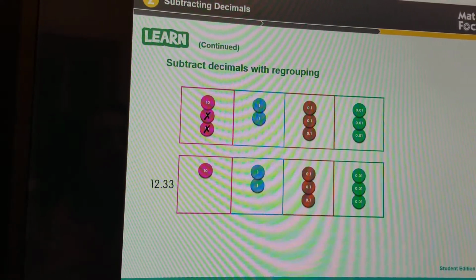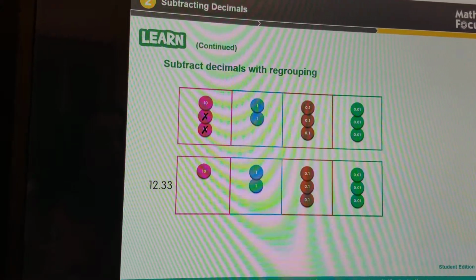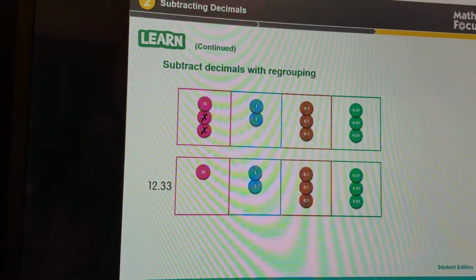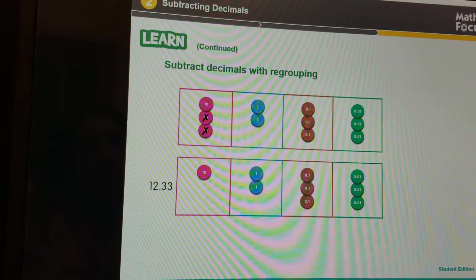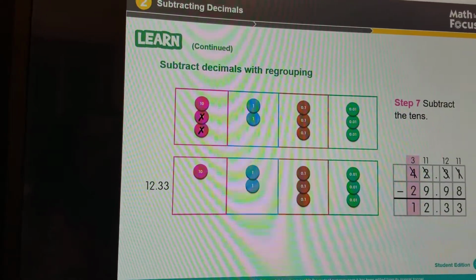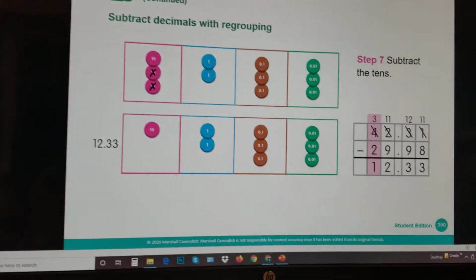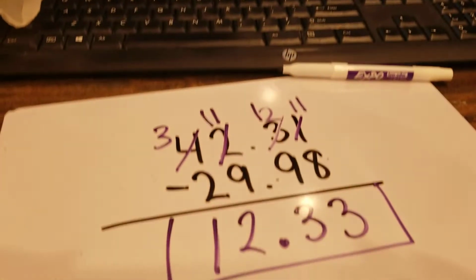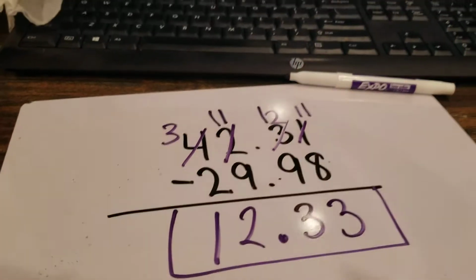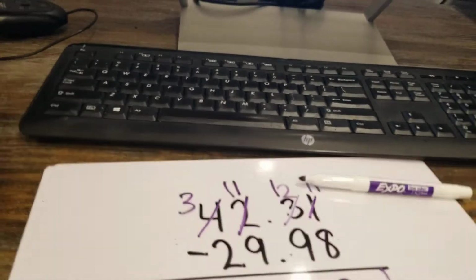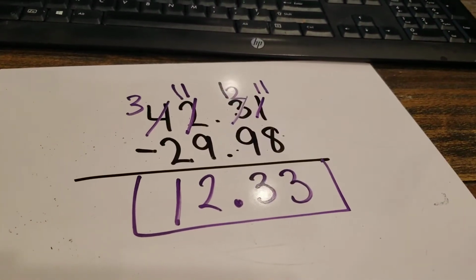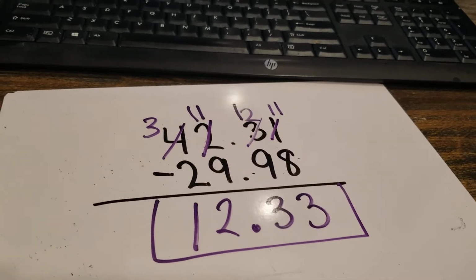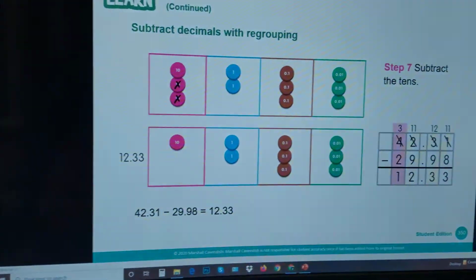When it's all said and done, I'm left with 12 ones and 33 hundredths. If you look over there, I did it for you, and over here I did it for you, and the chips should hopefully help you understand what's happening. Okay, let's do the next problem.